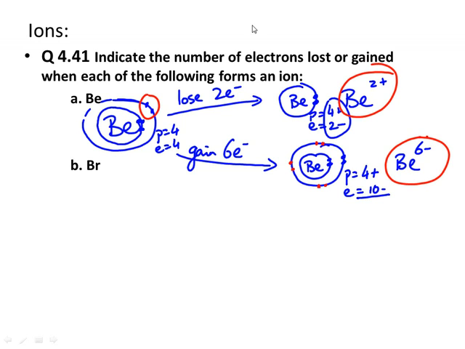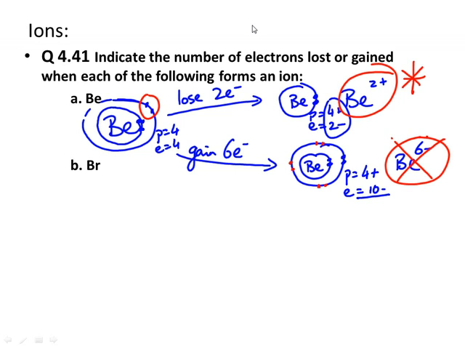So, given that logic, beryllium does not gain 6 electrons. Instead, it always loses 2 electrons to make a beryllium 2+ ion. Beryllium is also a metal, which means it's going to lose electrons, and it's in group 2A. Since it has 2 valence electrons, it will lose both of its valence electrons to make that cation.